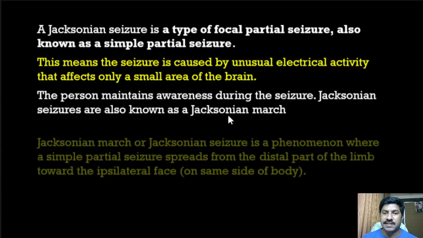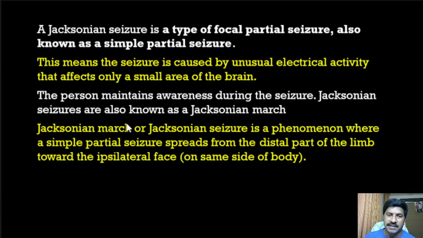That is why it is known as Jacksonian march. Jacksonian march is a phenomenon where a simple partial seizure spreads from the distal part of the limb towards the ipsilateral face. Ipsilateral face means the same side of the face. It will spread.